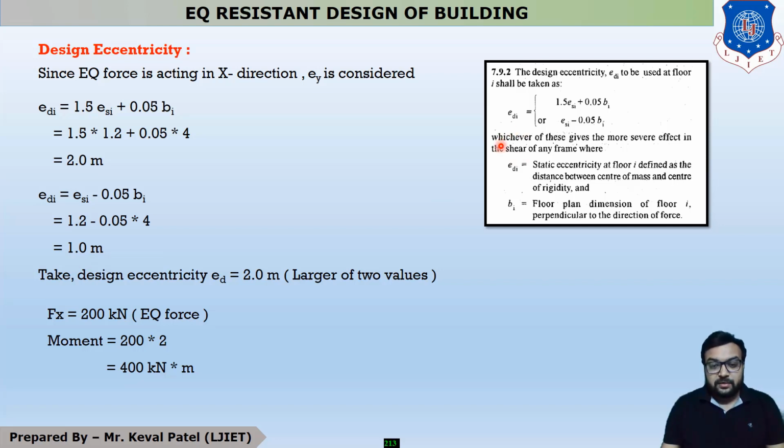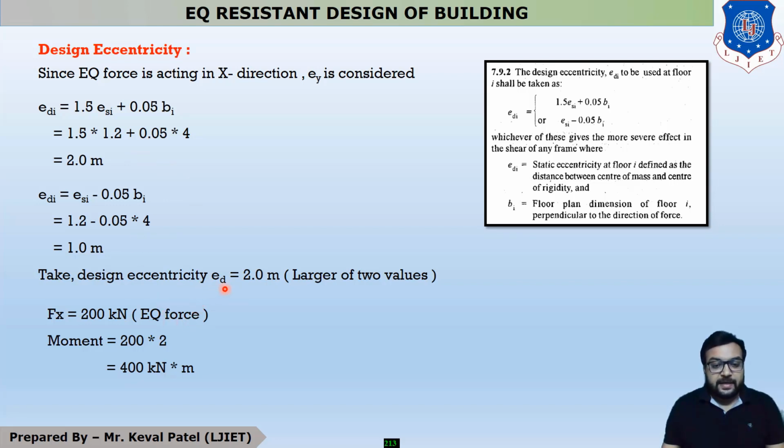But which answer is necessary? Whichever gives the more severe effect. Severe effect means the maximum value. So we take the design eccentricity as the larger of the two values. What is the maximum value? The maximum value is 2.